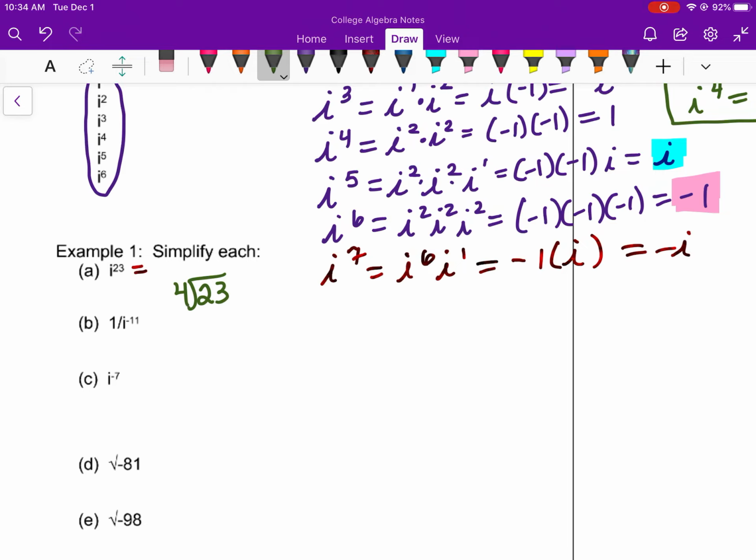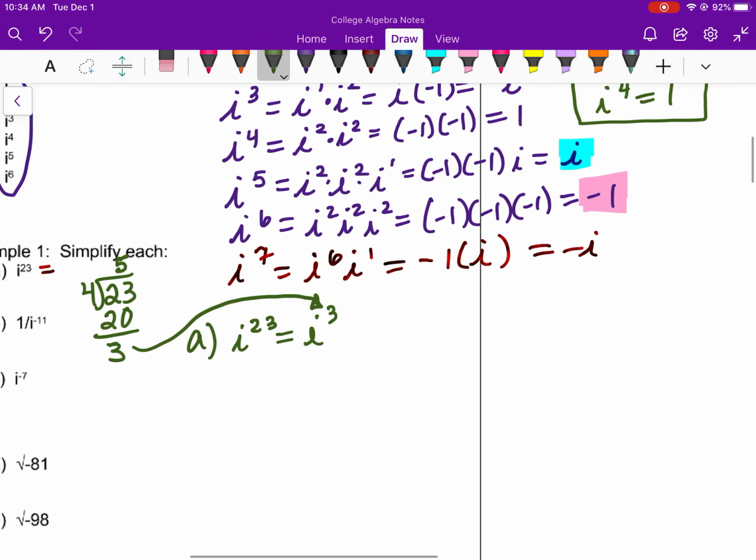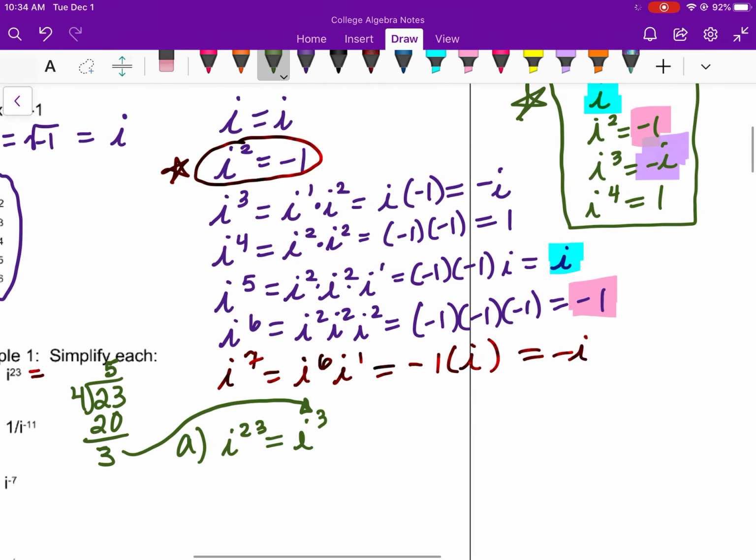I'm going to do long division. 4 times 6 is 24, so I'm going to do a 5. 4 times 5 is 20, remainder of 3. So i to the 23rd becomes i to the third. My remainder becomes my new exponent. And then i to the third, from right there, is -i.